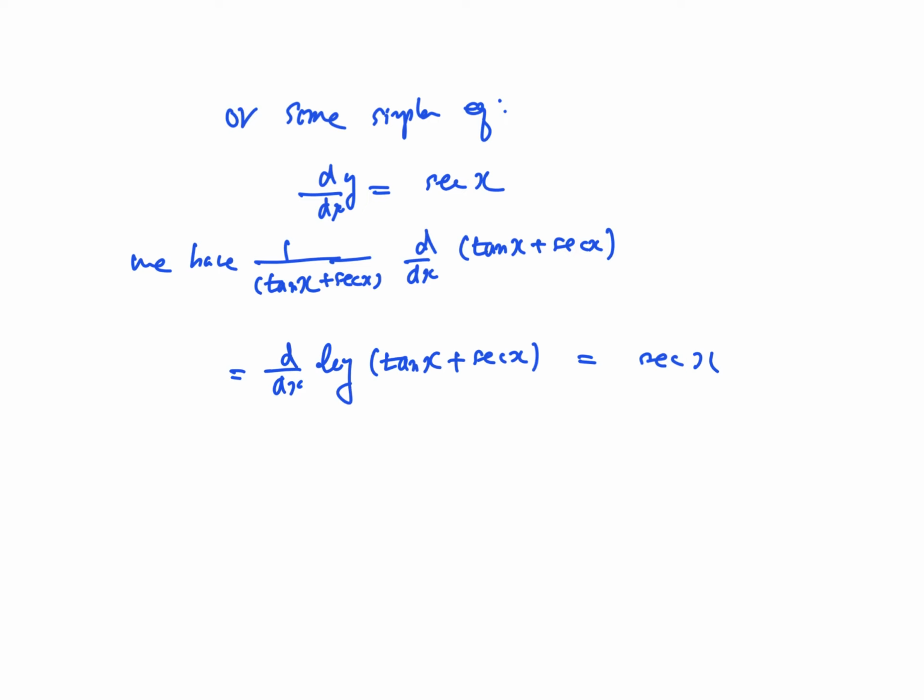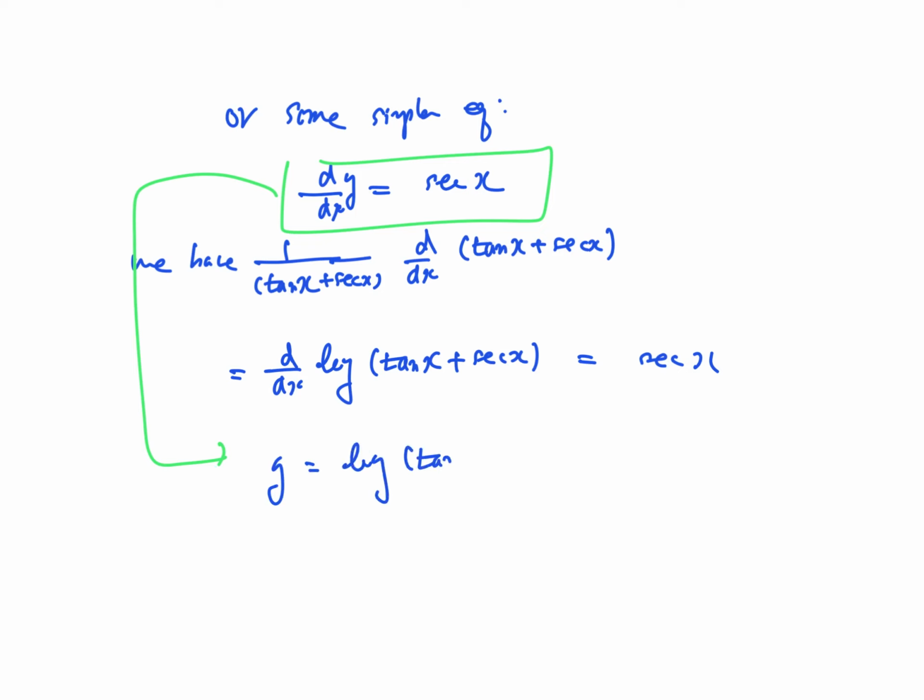We have to know this logarithmic derivative, which gives secant x. So we can solve this equation, right? The answer is this. y must be something like log of tangent x plus secant x plus some constant.